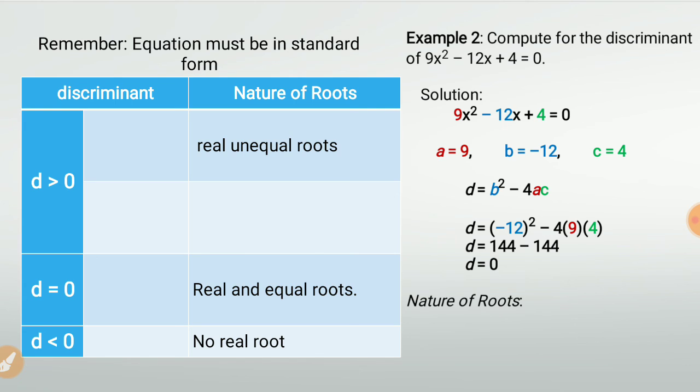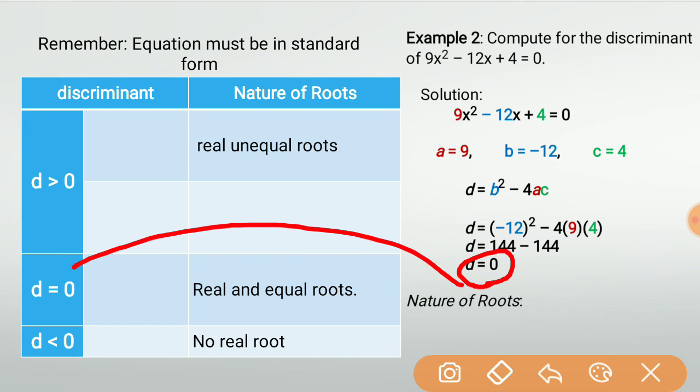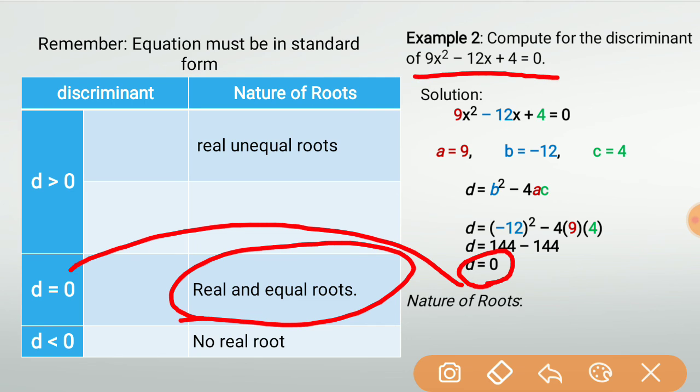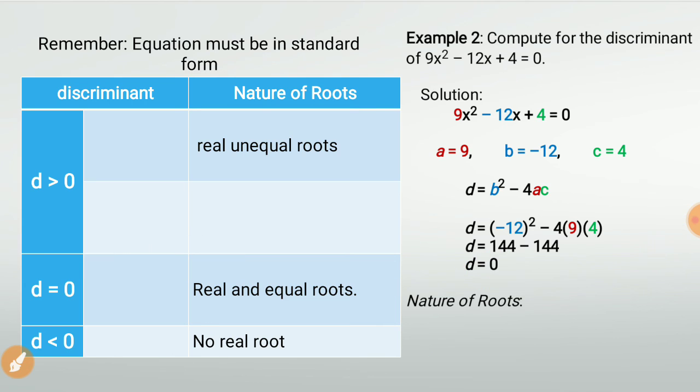Now it's time to find the nature of the root. So here my discriminant is 0. This is the category where, if your D is 0, the root of the equation is real and equal. So this quadratic equation has real and equal roots.